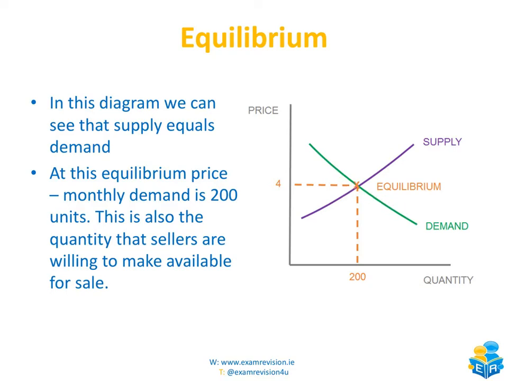So when it's being sold for €4, the suppliers are able to supply 200 of it, and the demand is also at 200. So it's that perfect sweet spot where the suppliers don't have too much left over, and the buyers are also able to buy all that they require of that product.